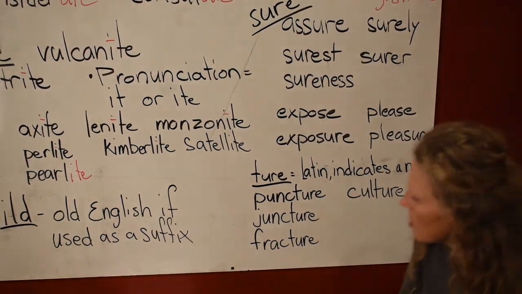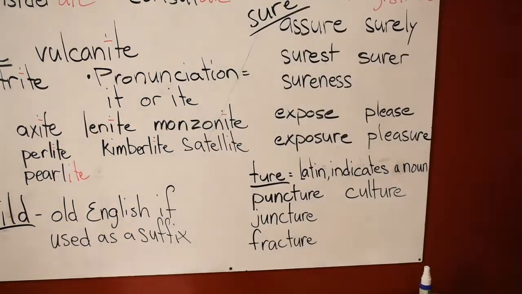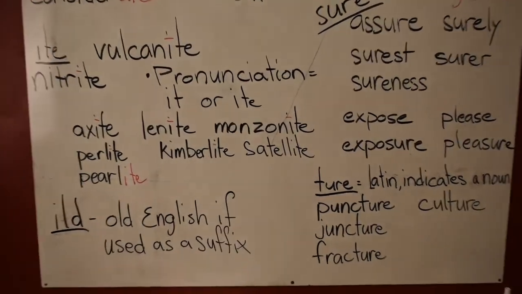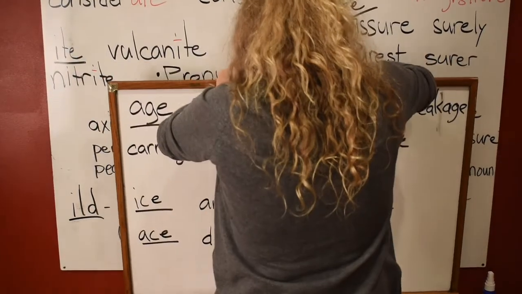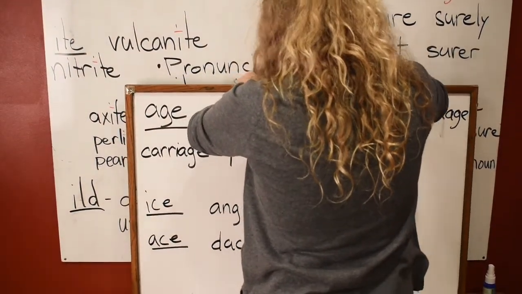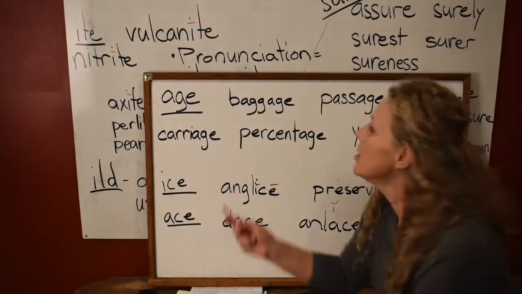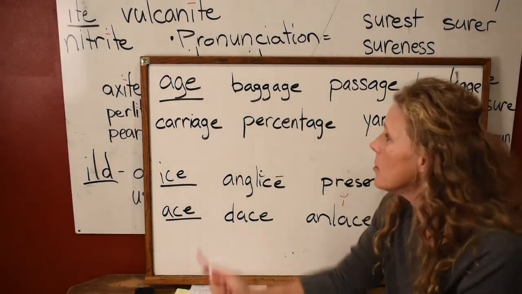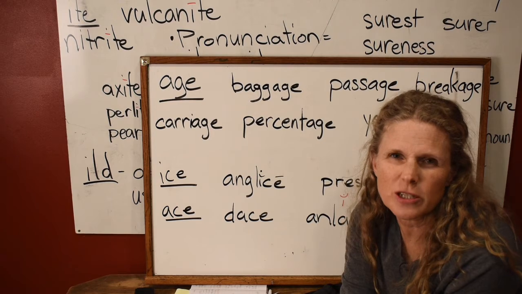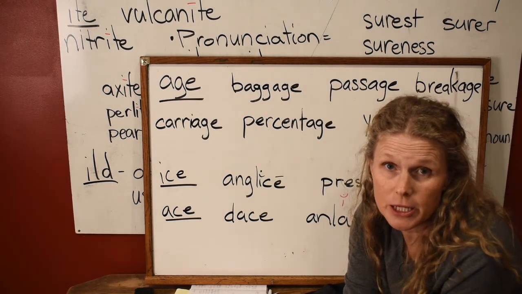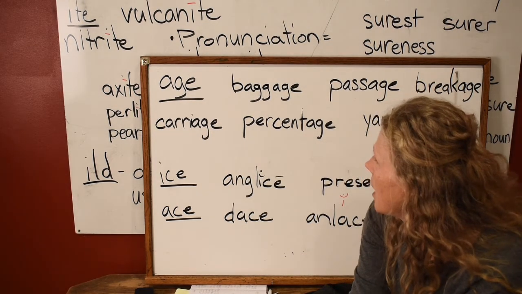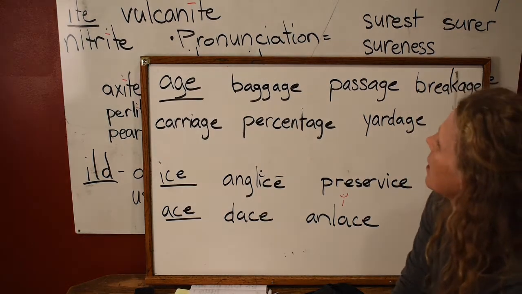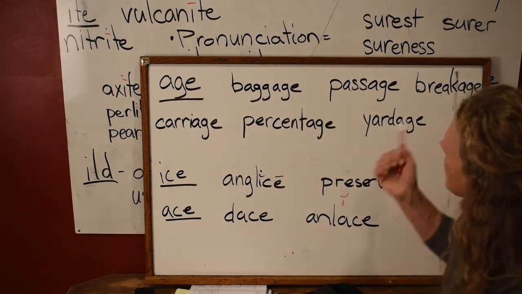Okay, so let's go in and we're just going to do a little bit of a refresher on these. Okay, so AGE, we'll say is or aj. Most of the time in American words, you'll hear it as is. Aj is French, but I did a lot of American words right here.